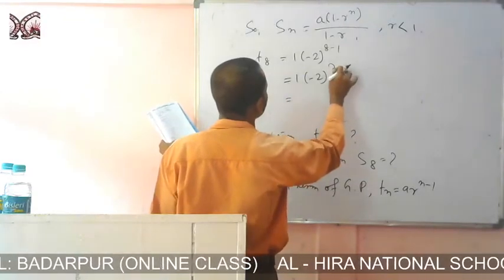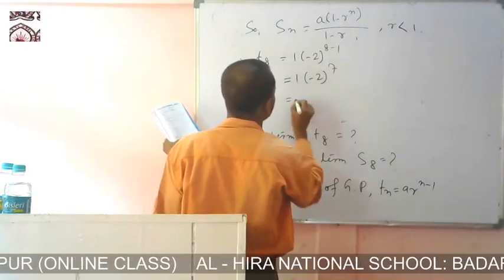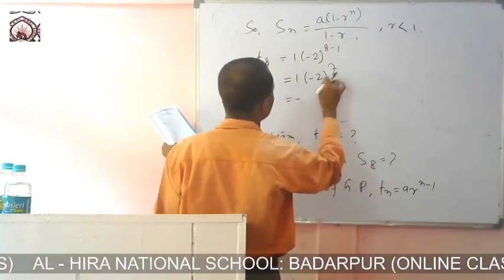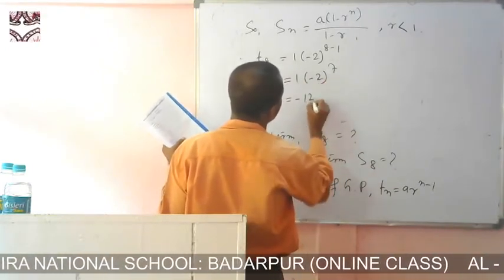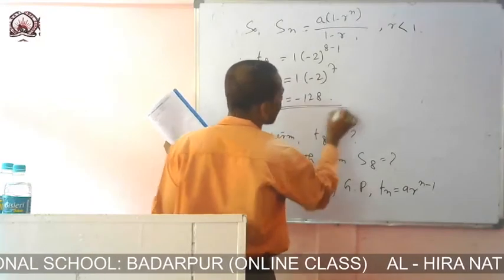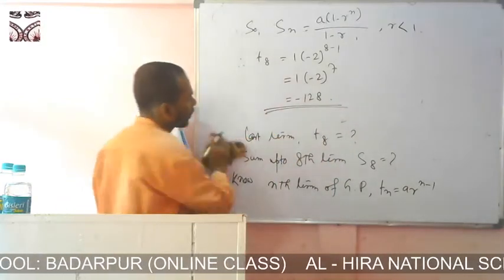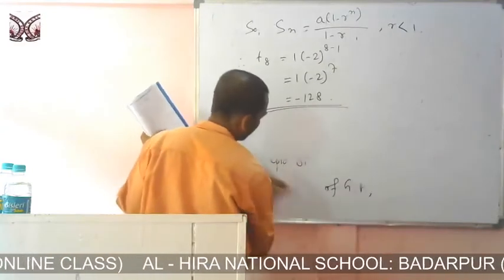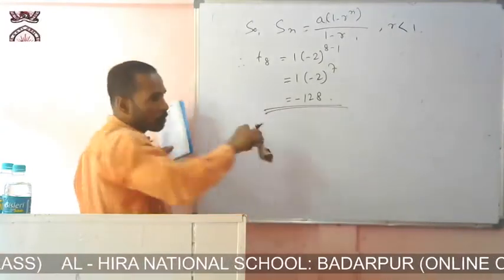Because the power 7 is odd, the sign will be minus, and 2 to the power 7 is 128. So T8 is minus 128.